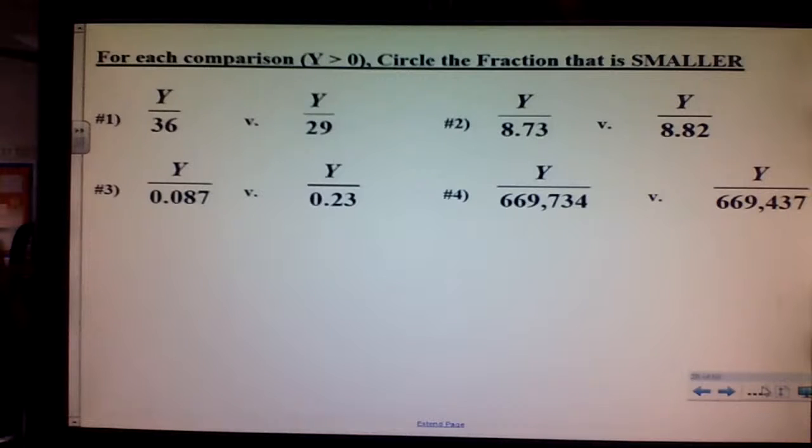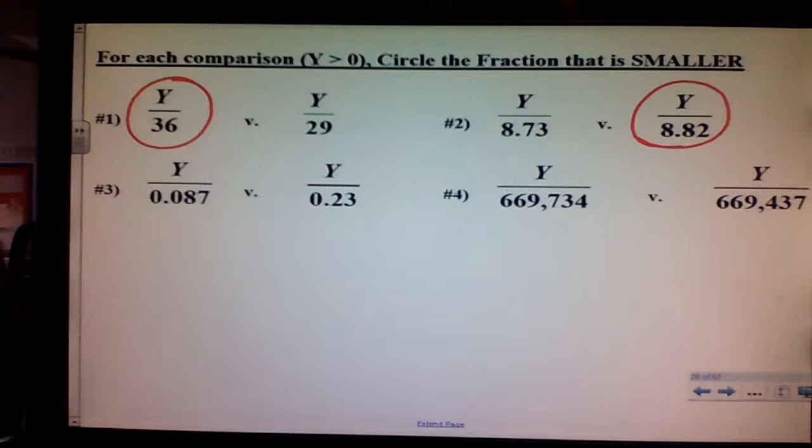On these 4, pick the fraction that's going to give me an answer that is smaller. So I want the bigger number to get a smaller answer. So in number 1, what do I want to divide by? 36. 8.82.